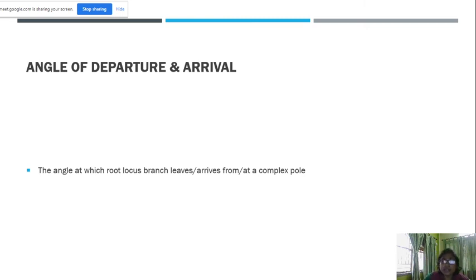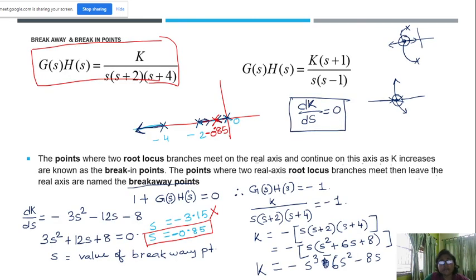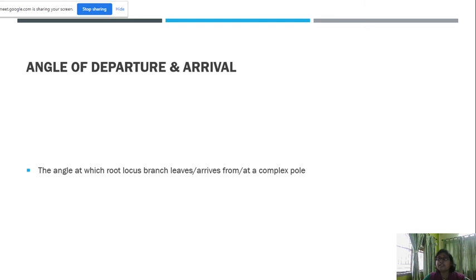Okay, so in the previous two examples we have taken so far, there is no complex conjugate pole. All the poles or zeros present in the systems are real. So there is no need to calculate the angle of departure and arrival for these root loci.